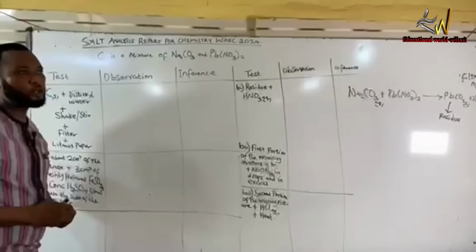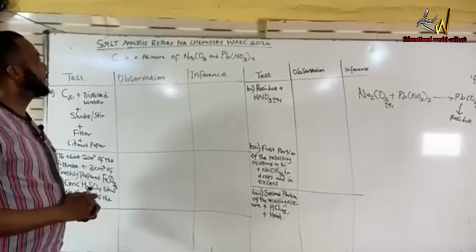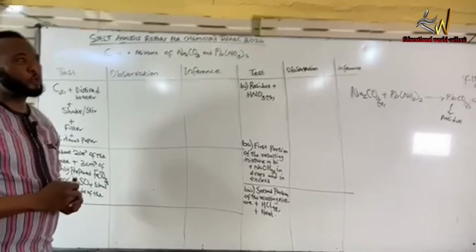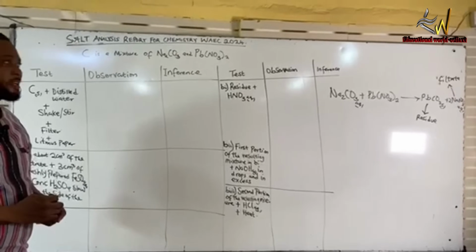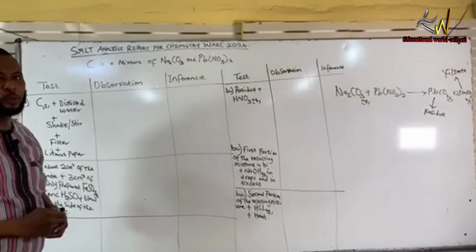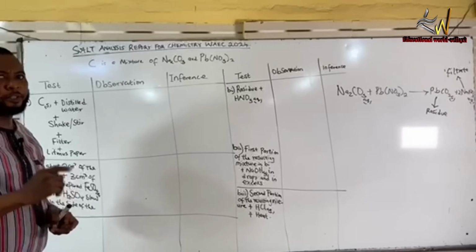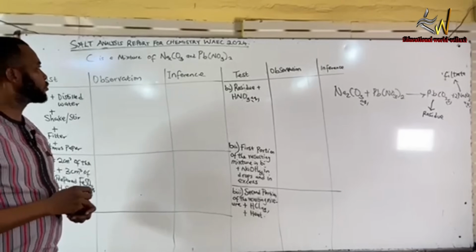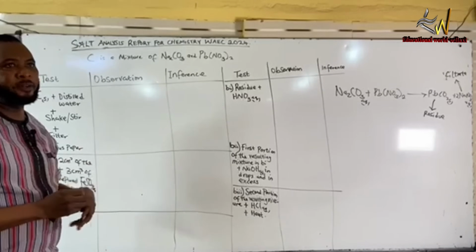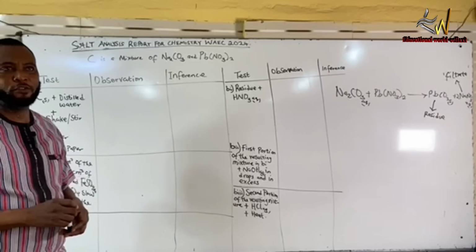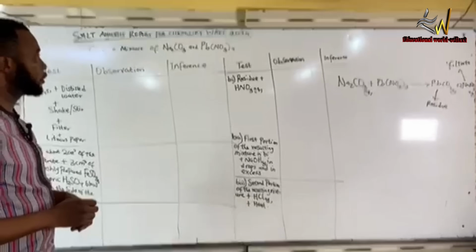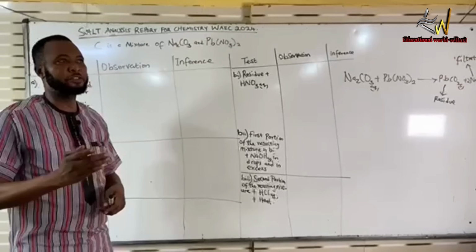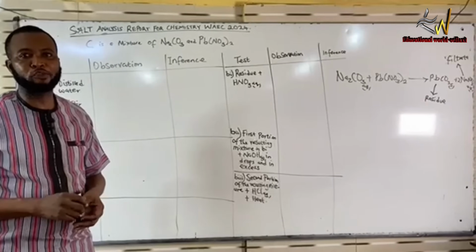Now, this is not a case of two inorganic salts where one is soluble and the other is insoluble. Both salts are soluble. So it will be wrong for you to write under observation that C partially dissolves to give the colorless filtrate and the white residue, and then say C is a mixture of soluble and insoluble salts.